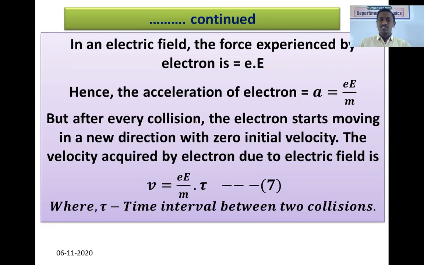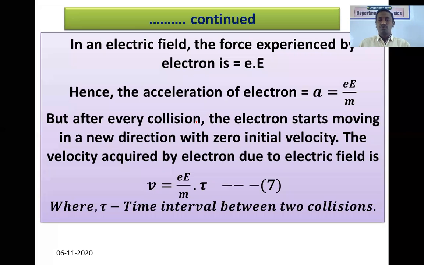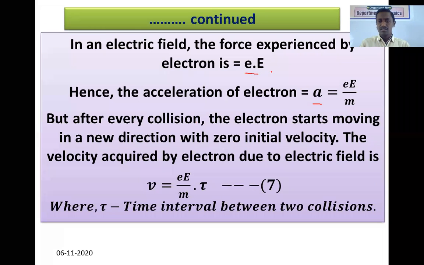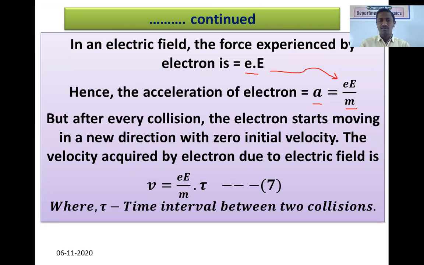So acceleration can be written as the ratio of force to mass. Here the acceleration a of the electron equals force, that is e into E, divided by the mass of the electron m, where m is the mass of the electron. So it is the acceleration produced in the electron due to the application of the external electric field.